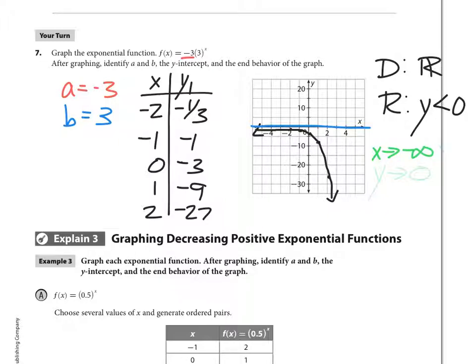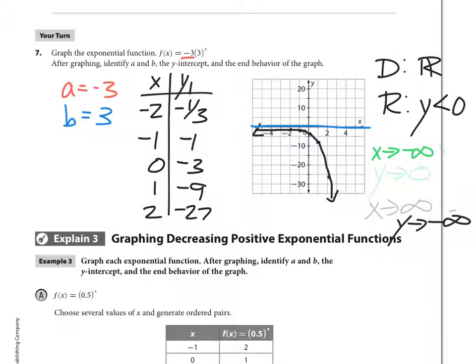And then we got to go the other direction. As x goes to positive infinity, so now we trace the function going to the right, it's going straight down. So now we say y is approaching negative infinity.